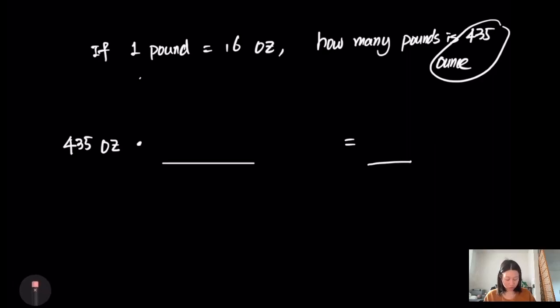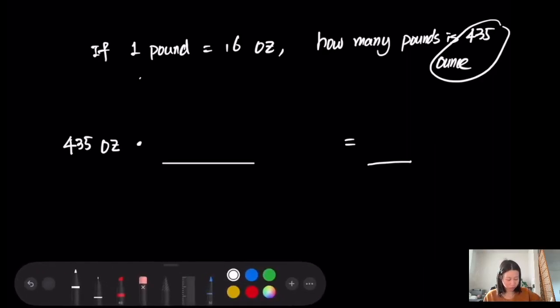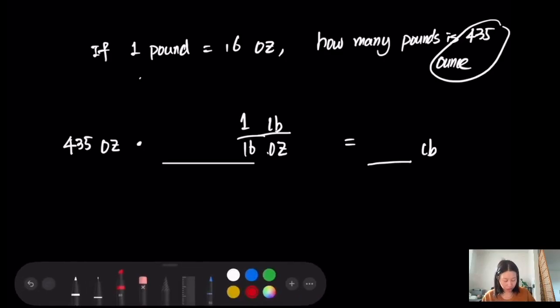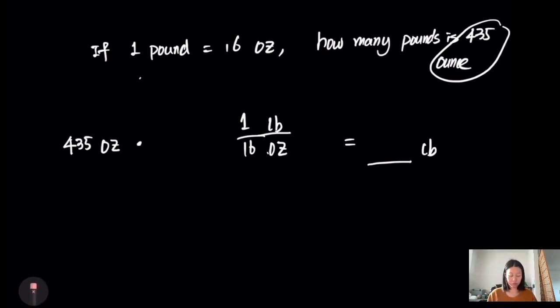So the conversion factor has to be pounds over ounces because we want to cross cancel the ounces. It's given that every 1 pound equals 16 ounces. So we can just multiply in here.